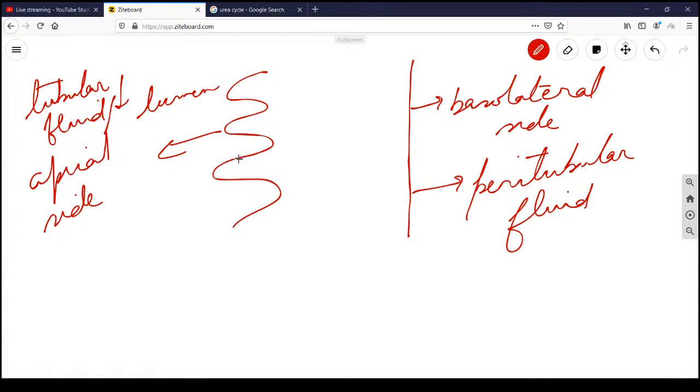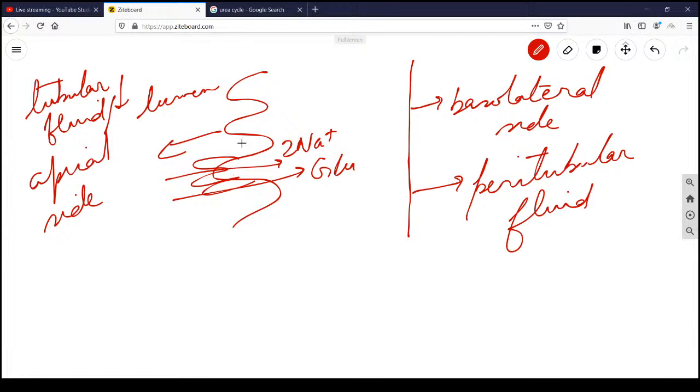Now what we have here is a symporter, secondary active transport, which will take in 2 Na and 1 glucose. Okay, so Na comes down its concentration gradient, glucose goes up its concentration gradient. So this is a secondary active transport.